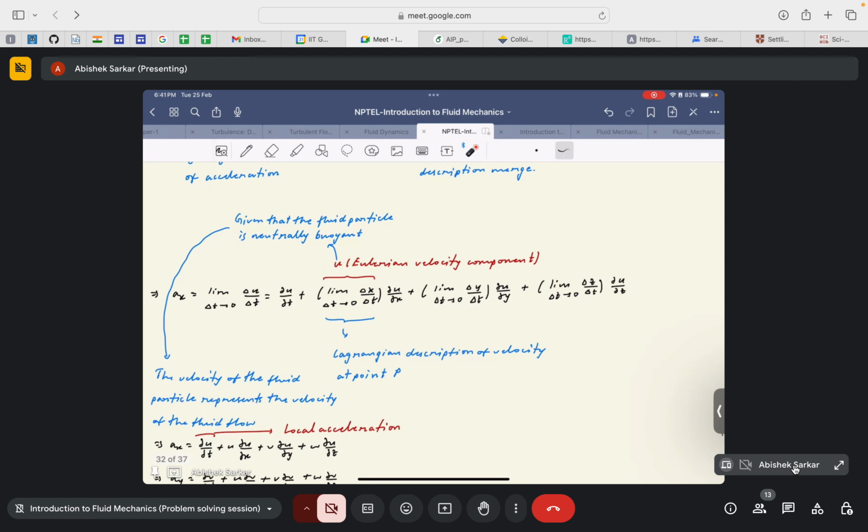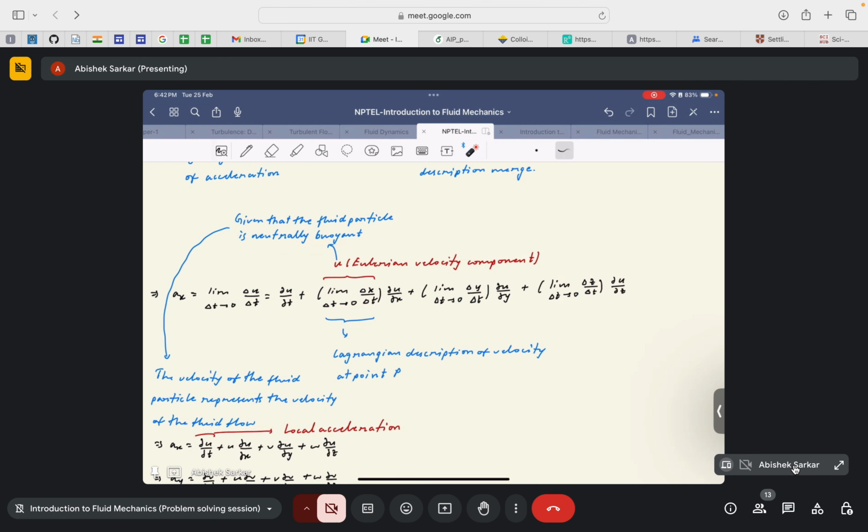This would be equal to the velocity of the fluid if we consider the particle to be neutrally buoyant, that is, particles having zero density gradient, which will just follow the fluid motion. Again, there was an extensive discussion about neutrally buoyant particles and their significance in fluid flow visualization, so you can go back to it to understand it more clearly.